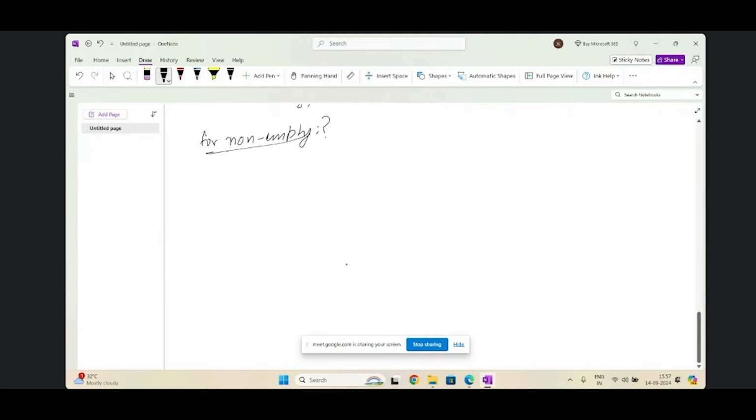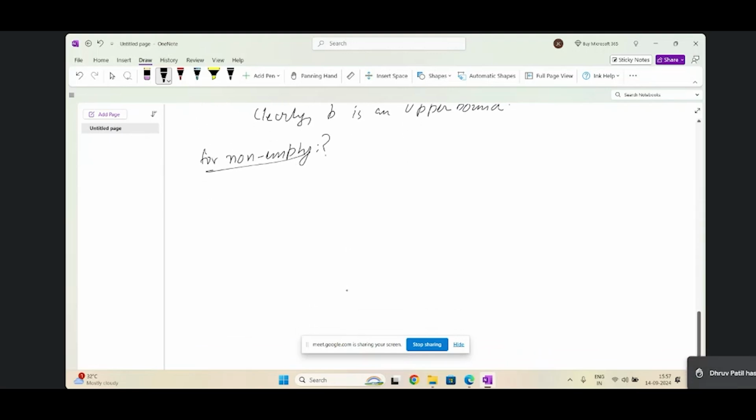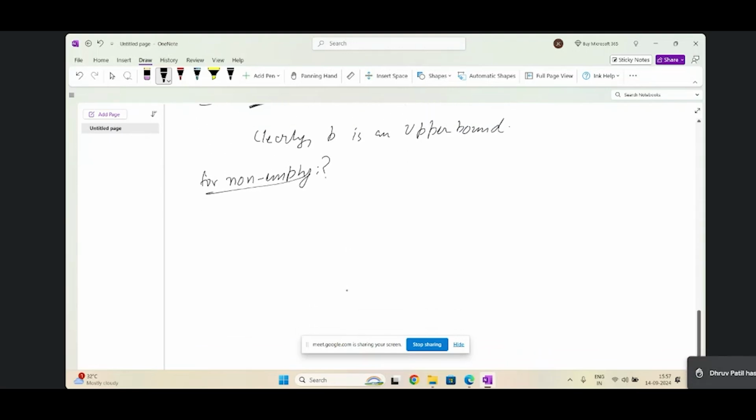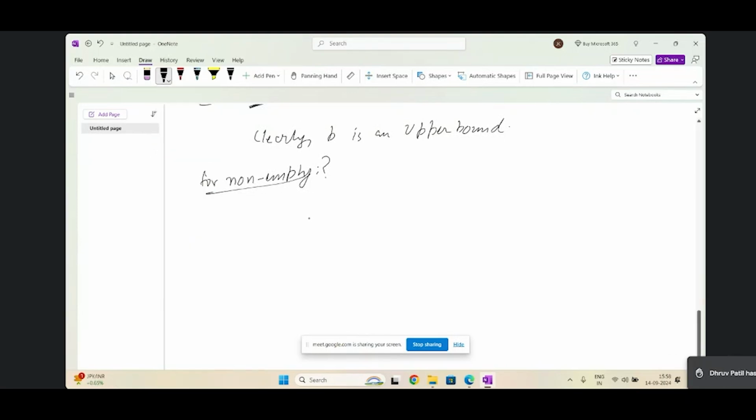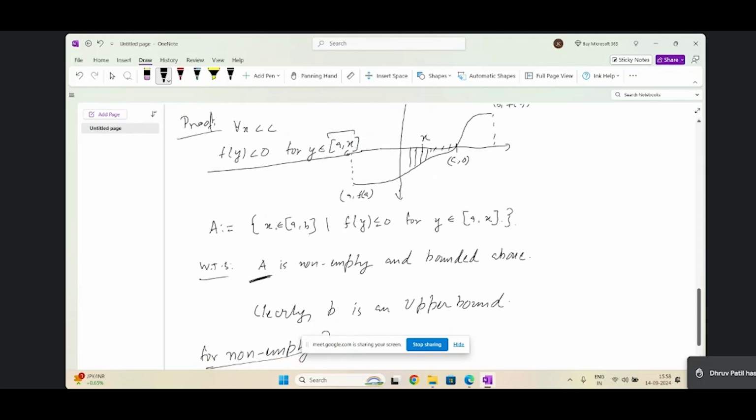Do any of you know how we will show that this set is non-empty? Basically I have to produce an element x. We have it in the definition again, no?